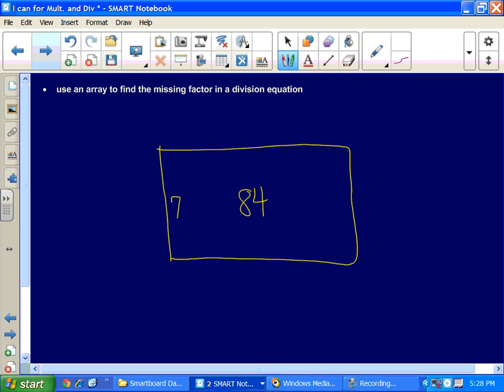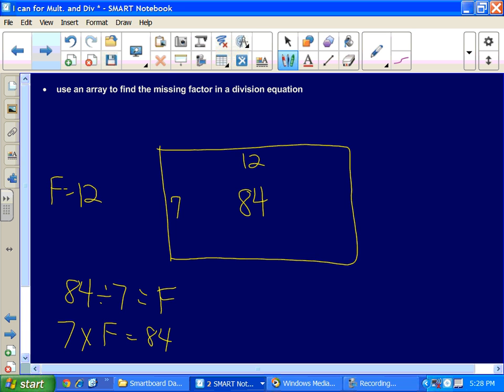Okay. So we could either write this as 84 divided by 7 equals our missing factor, or we could say 7 times our missing factor will give us 84. Either way. And F would be 12 in this case.